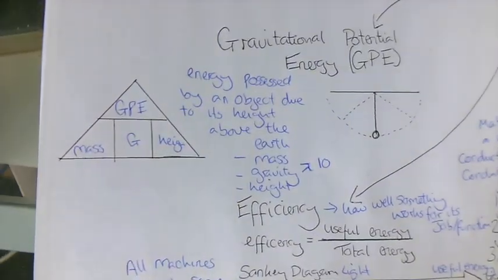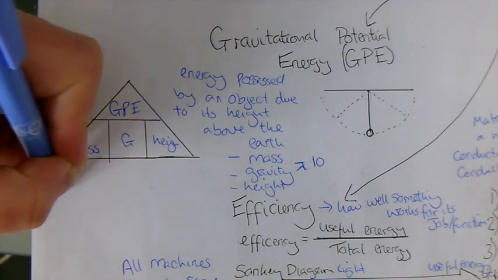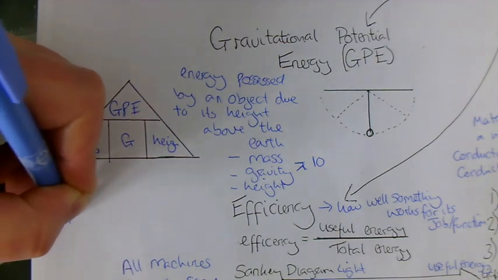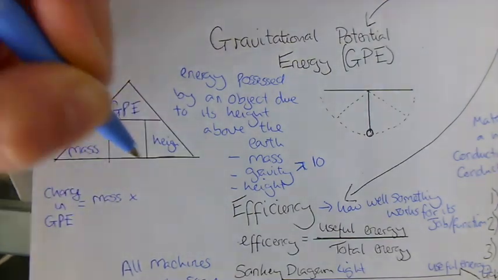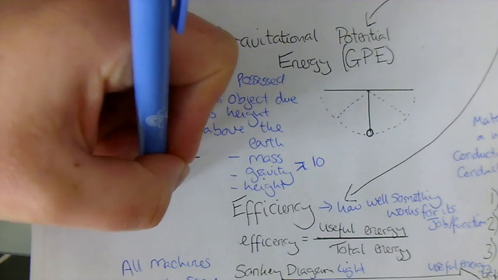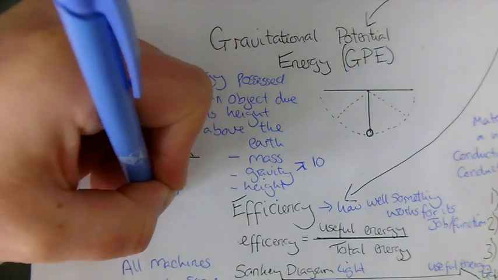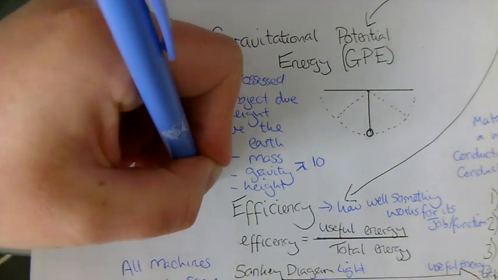Okay, so what that looks like then is change in GPE is equal to mass times gravity times height.